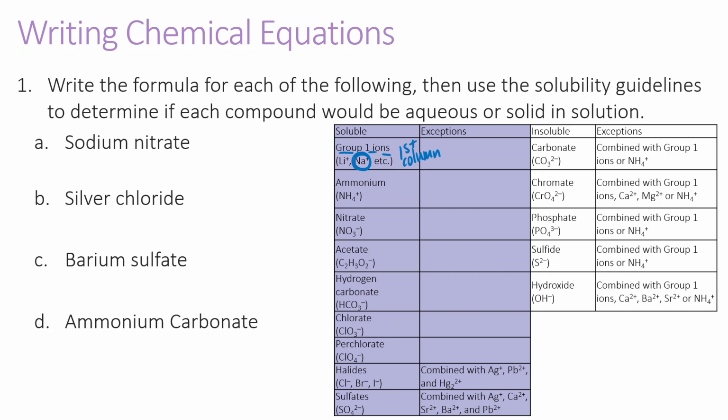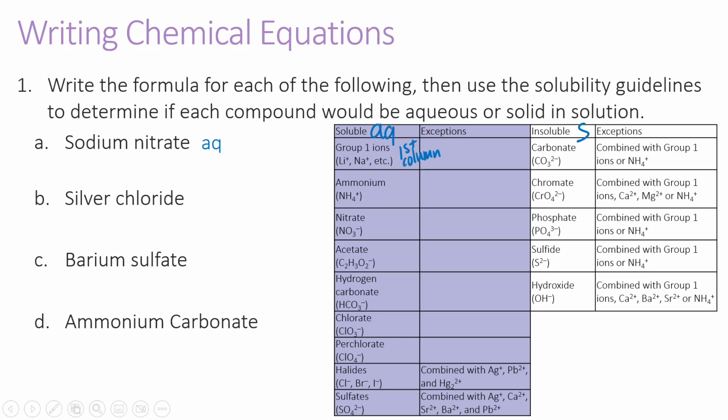I could also look at nitrate because I have sodium nitrate. And for both of these, they are soluble and there are no exceptions. So when something is soluble, that means that it's going to be aqueous. So soluble will mean aqueous and insoluble means solid.